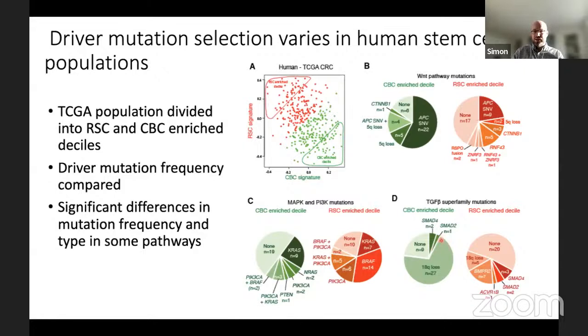And in the TGF-beta superfamily, there were a few mutations across the spectrum in the regenerative stem cell enriched, but actually much more likely to have SMAD4 loss occurring in the crypt-based columnar enriched decile. So what we were seeing here is that we were cross-comparing mutations in some key pathways, looking at the different types of mutations in our enriched deciles, and showing that there were differences in the frequency of mutation selection within those two different molecular phenotypes.